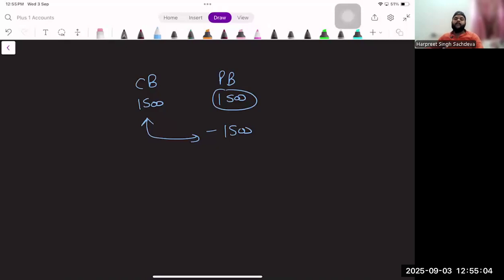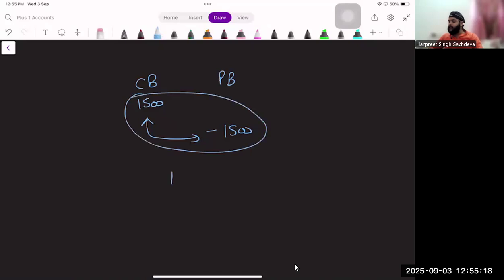Both were having 1500 positive value and passbook shown negative 1500. What's the difference now between cashbook and passbook, Raja? Is it 1500 or 3000? You have to tell me. Everyone come actively in the chat box, Raja. Quickly. Is the difference now 1500 or 3000?